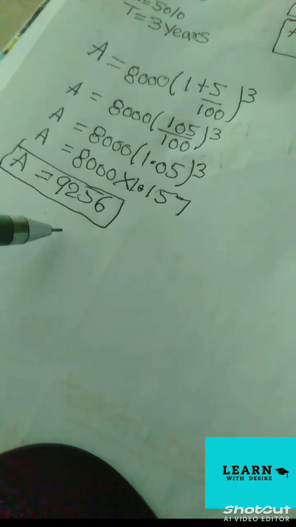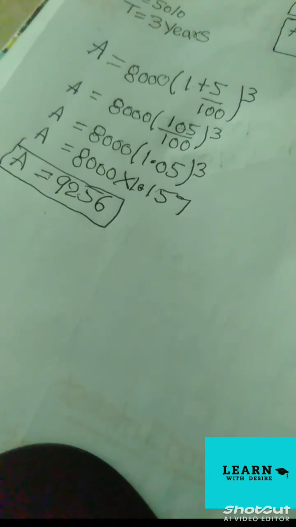After getting this, we have to multiply it with the principal amount. Here you can see we get the total amount value, that is 9,256.